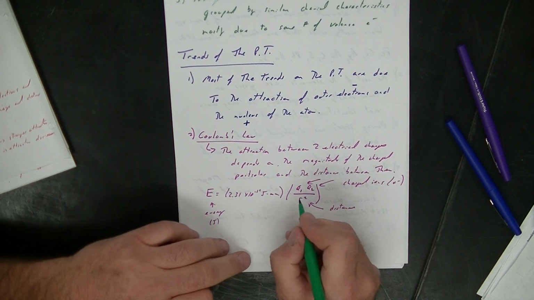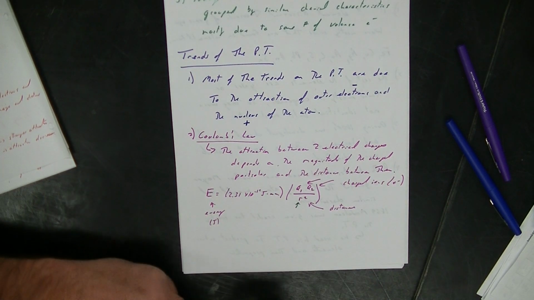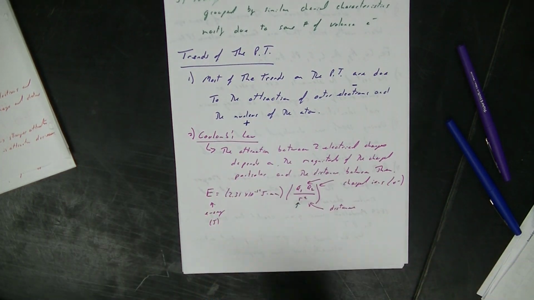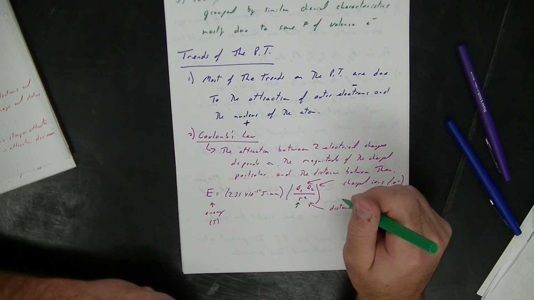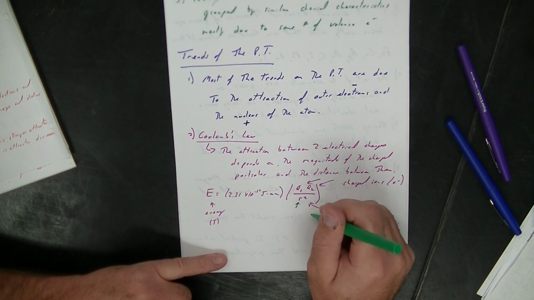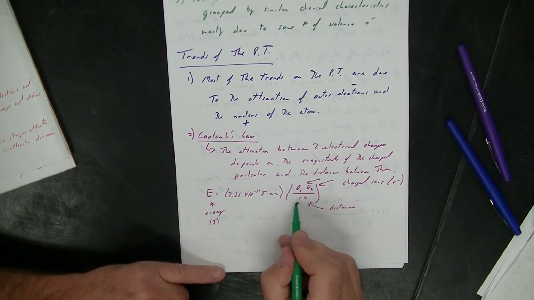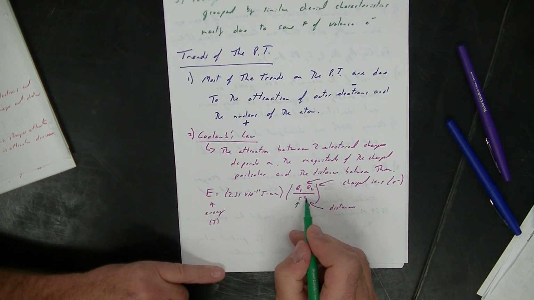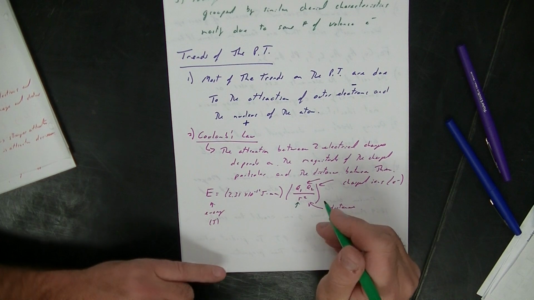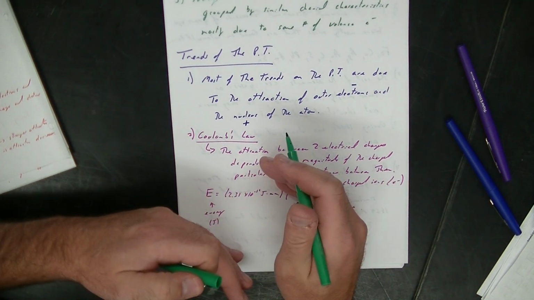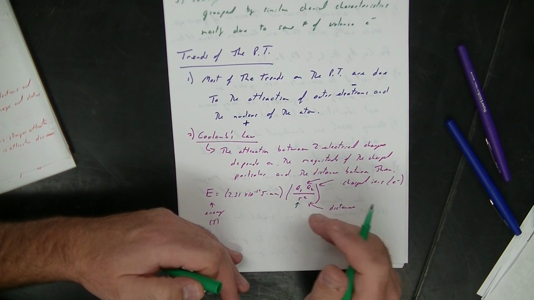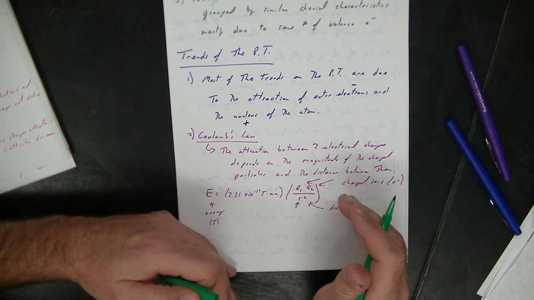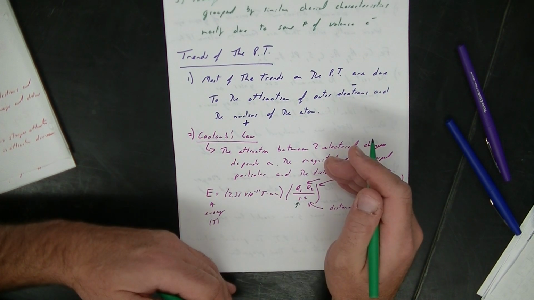The biggest difference when we're talking about attraction between the nucleus and the electrons is this distance, because it's squared. So you may change only a little bit in distance, but in reality the attraction is going to decrease by a whole lot, because of that distance change.